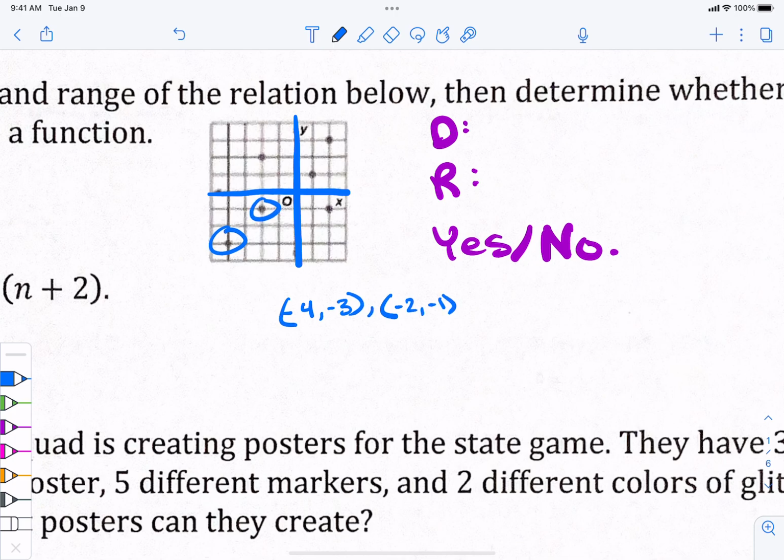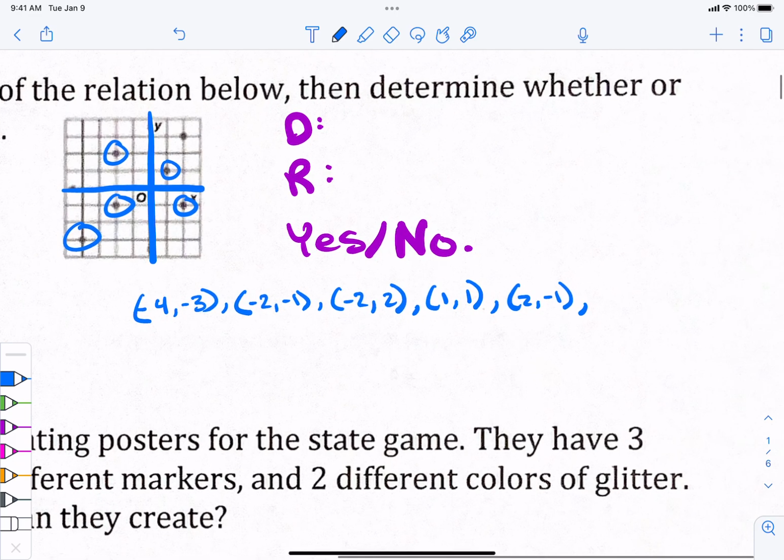That's this one. (1, 1). I'm going to go (-2, 2). We've got (1, 1). We've got (2, -1). And we've got (2, 3), I think.